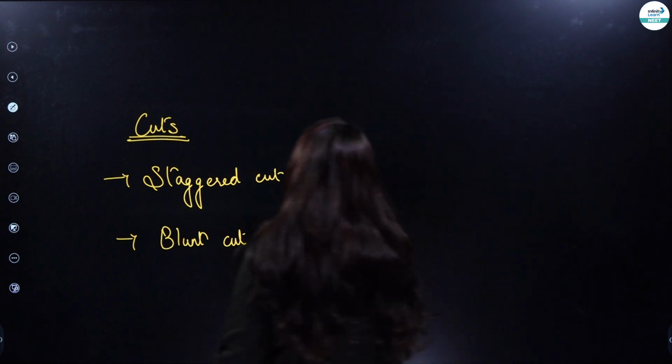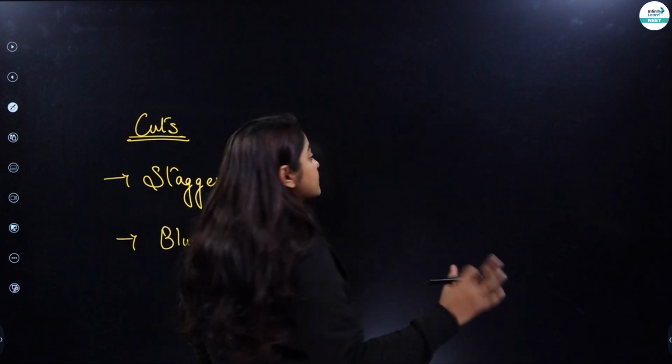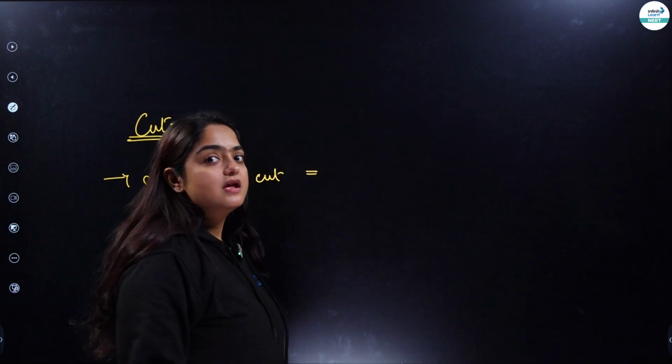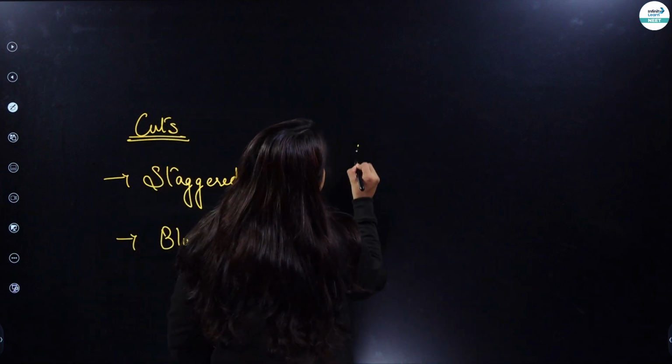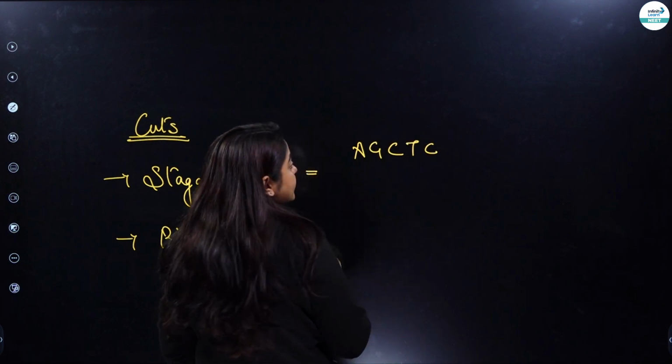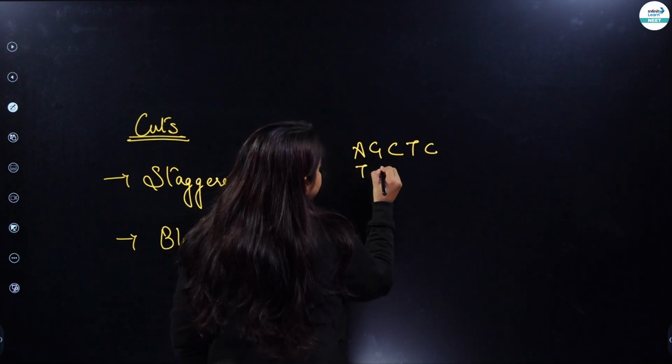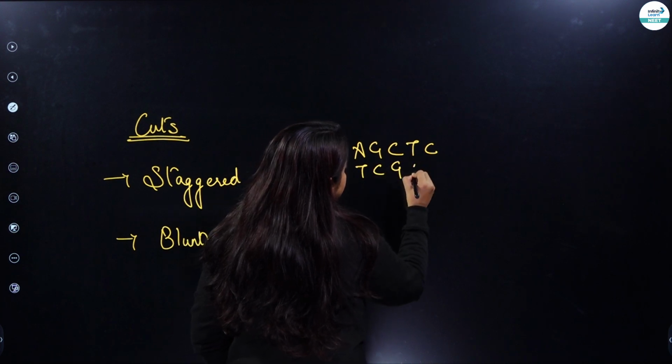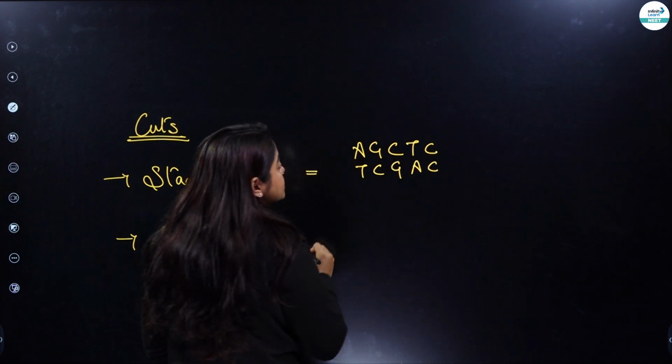For example, यहाँ पे अगर मैं दो sequences ले लूँ, because हमें पता है that DNA is what? It's a double-stranded structure, right? So अगर मैंने ये ले लिया, ठीक है, ये एक sequence हो गया.